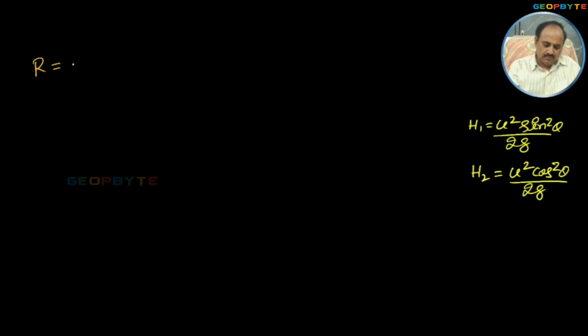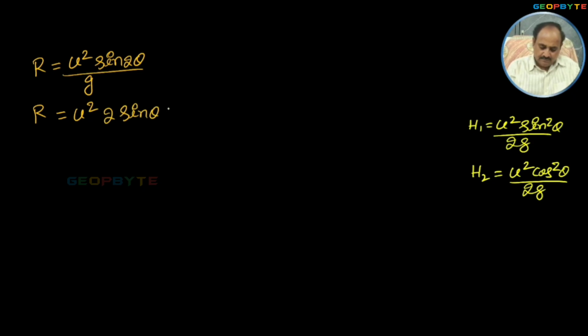Then you know the horizontal range R equals u square sin 2 theta by g. Then it can be written as R equals u square into 2 sin theta cos theta by g.